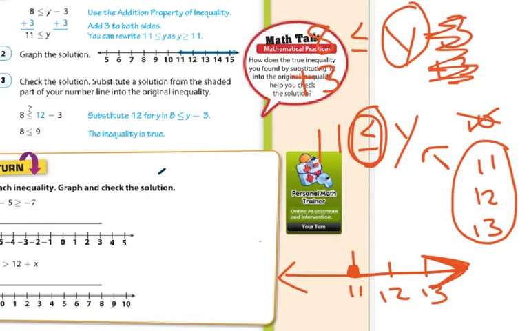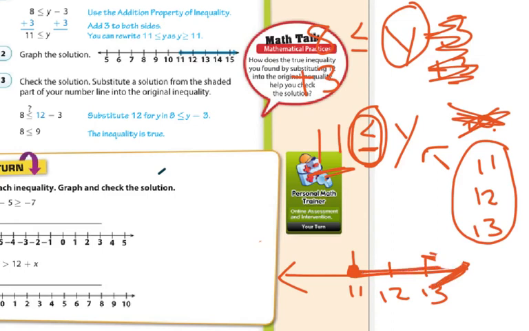That is your biggest suggestion that I can give you for this: think to yourself, what could y be? Start with the number that's given over here and say, could it be 11? Yes, because I have that equal sign there. And then check the one below it and the ones above it to see which direction your arrow is going to go when you create your inequality.